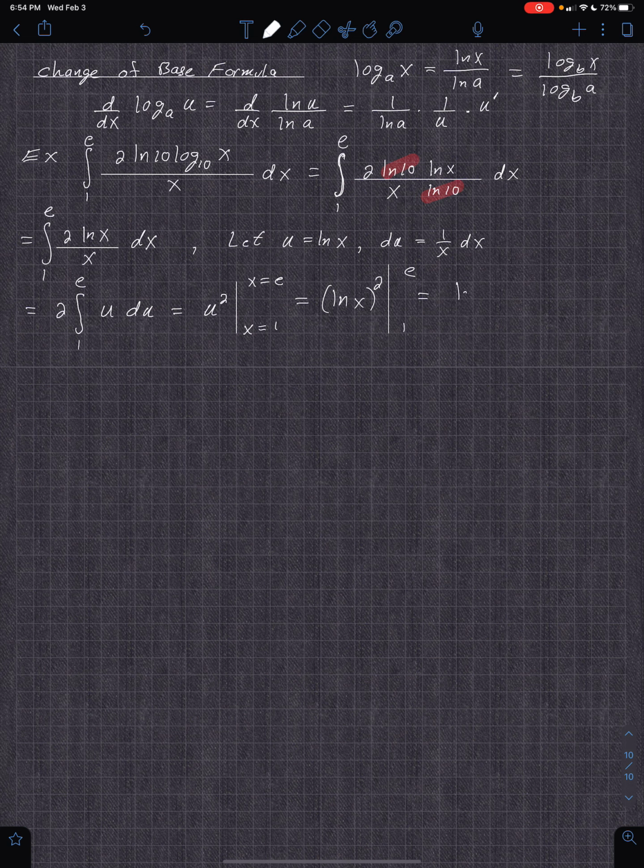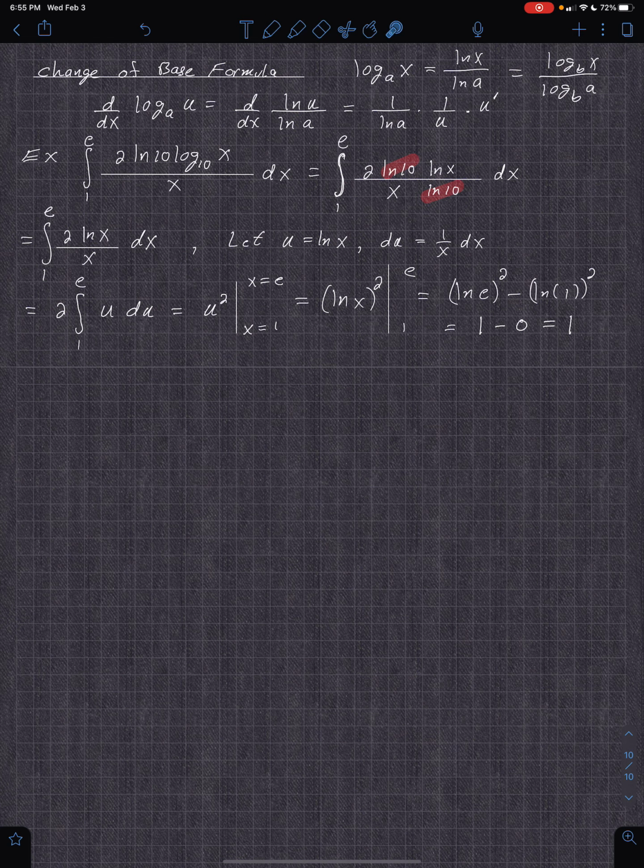And so you get ln e squared minus ln 1 squared, and that equals 1 minus 0, which is equal to 1.